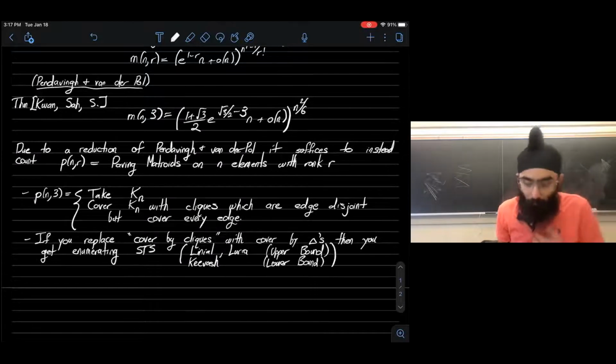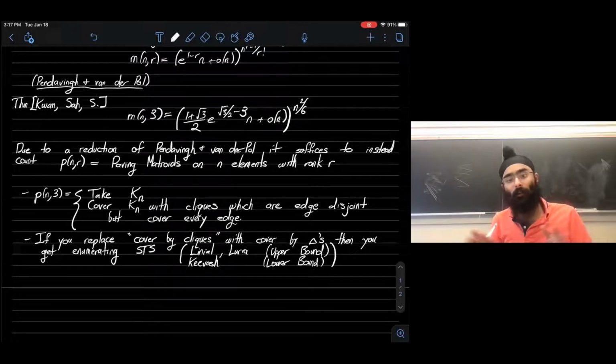Because we're allowing cliques of size 2, it turns out we'll never need really advanced techniques like the completion, but instead we're concerned with the upper bound technique. What Linial and Luria do is use a technique called the entropy method.